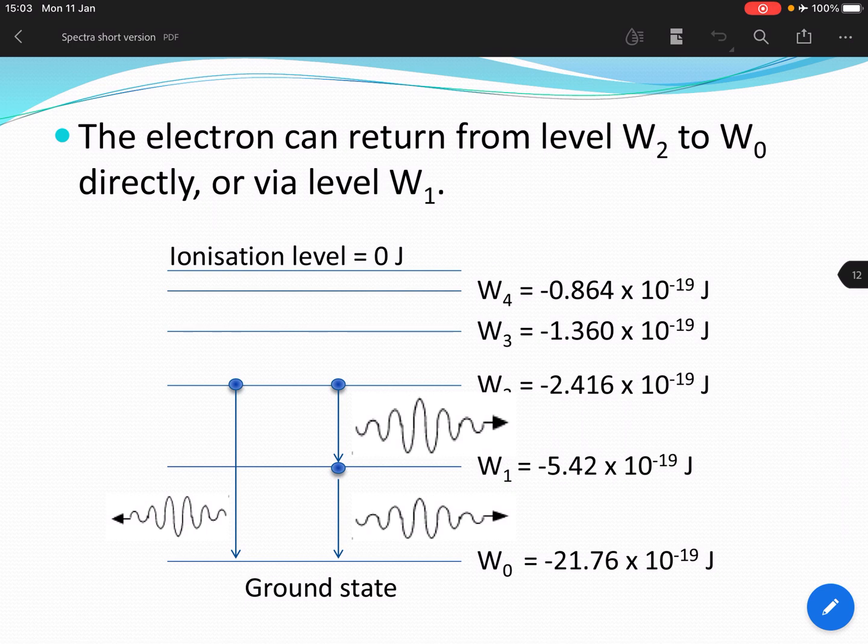So there are 3 different things that can happen as the electron goes back down. It can go all the way back to ground state in one go, or it can step down individually. That means there are 3 different pockets of energy released from the atom as it does so. And those 3 little pockets of energy are all at a specific frequency.